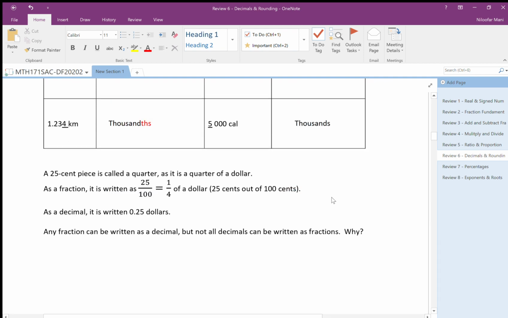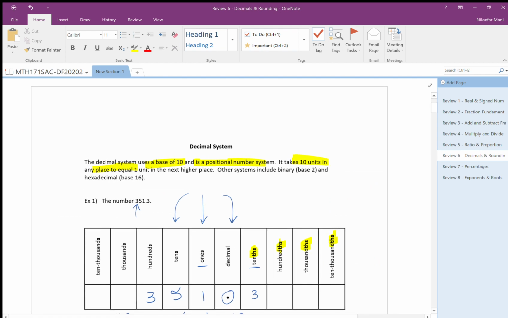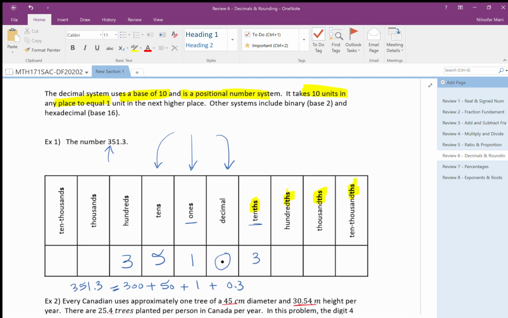Okay. So again, when I see a number in the decimal system, the position of the decimal shows me what's going on before the decimal and what's going on after the decimal. Before the decimal, I start from 1, and then I move 10 by 10 to the left. So 1, 10, 100, 1,000, 10,000, 100,000, million, and I continue, 10 million, 100 million.